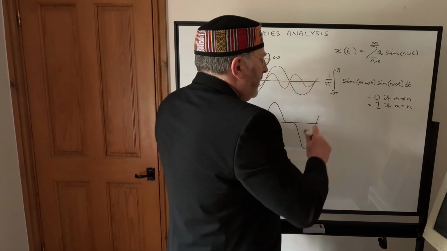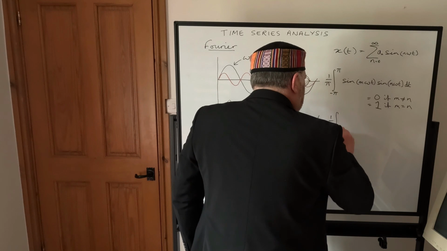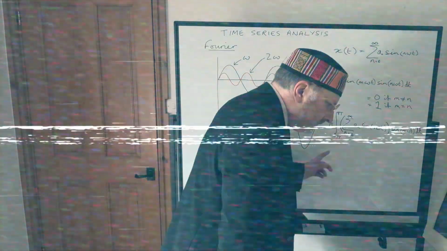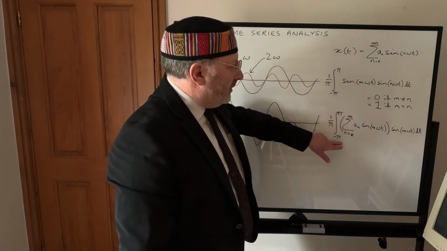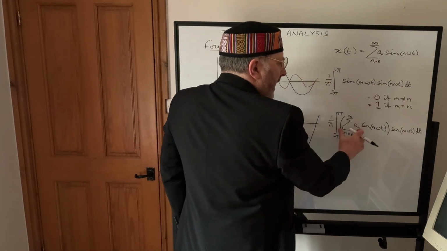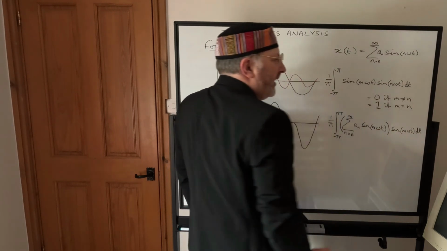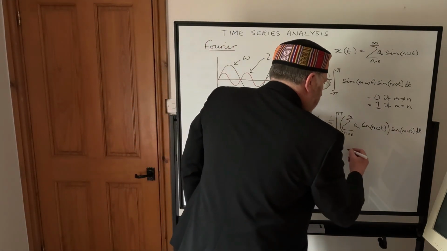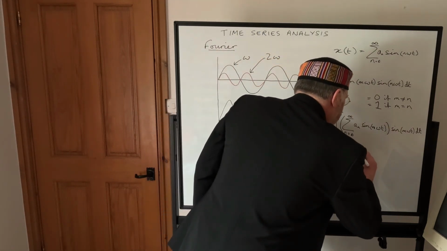So we can use this. If we take this integral, 1 over pi from minus pi to pi of our expression for x of t, the sum of a_n sine n omega t, times sine of m omega t, this will be equal to a_m.